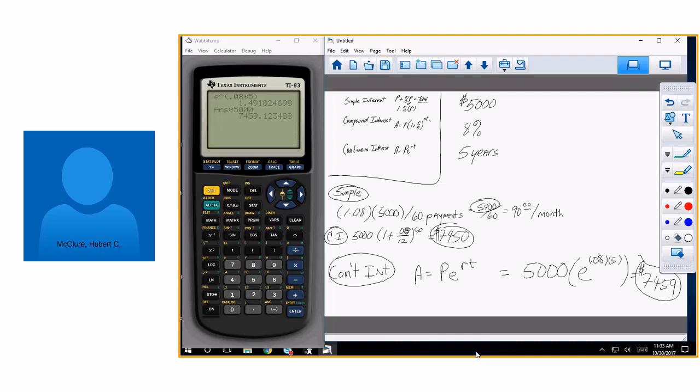It's an easy calculation, so the math is not that difficult. So that's a good one to know. These two are good to know. So make sure you know how to use it. And like I say, it's not very difficult with the calculator, especially if you know how to type it in. Okay?